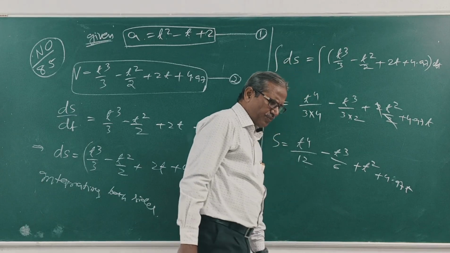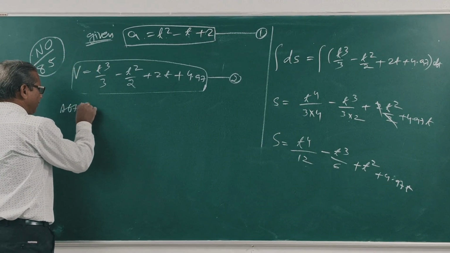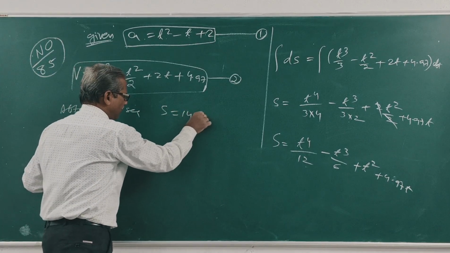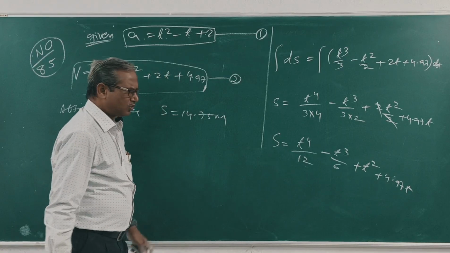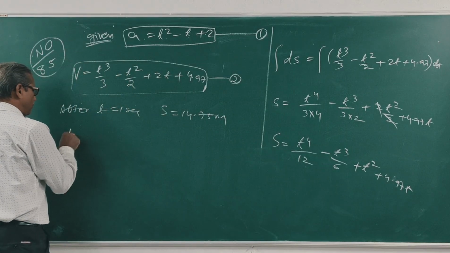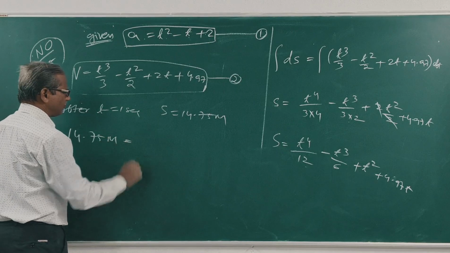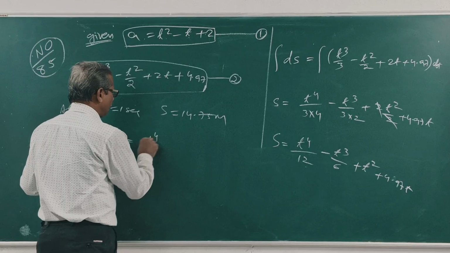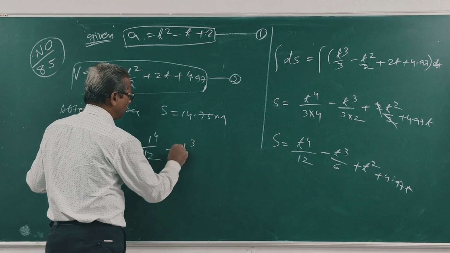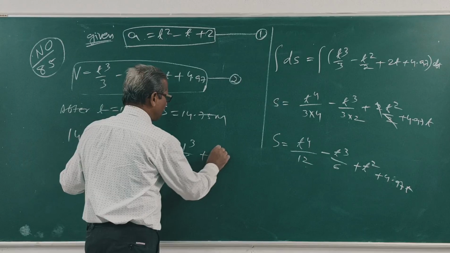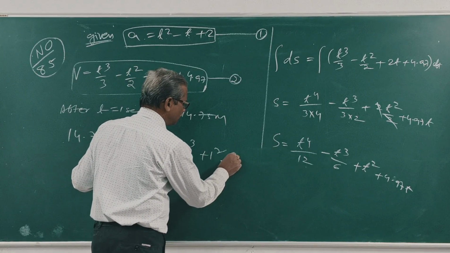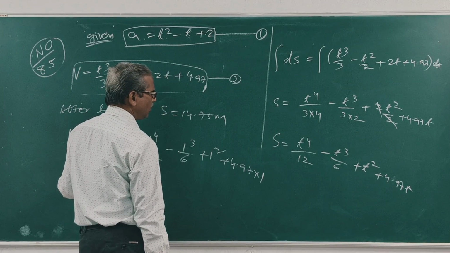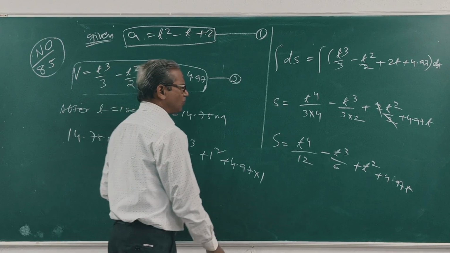Right? What is the condition? The condition is after t equal to 1 second, the distance s is equal to 14.75 meter. So put here: 14.75 meter is equal to 1 fourth by 12 minus 1 q by 6 plus 1 square plus 4.97 into 1 plus C2.